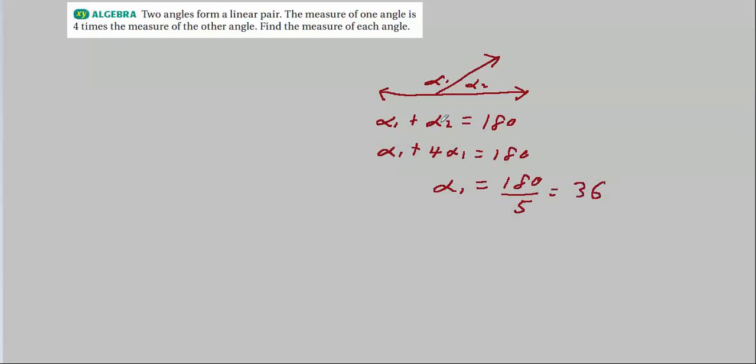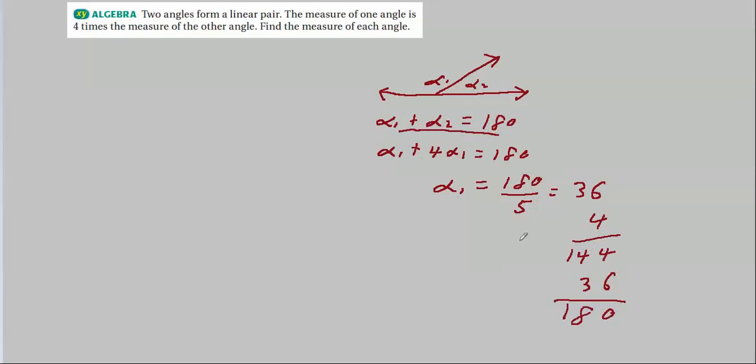Alpha 2 is either 180 minus 36 from this equation, or 4 times 36. You can do it either way. I get 144. Now, if we add 36 back into that, are we going to get 180? I sure hope so.